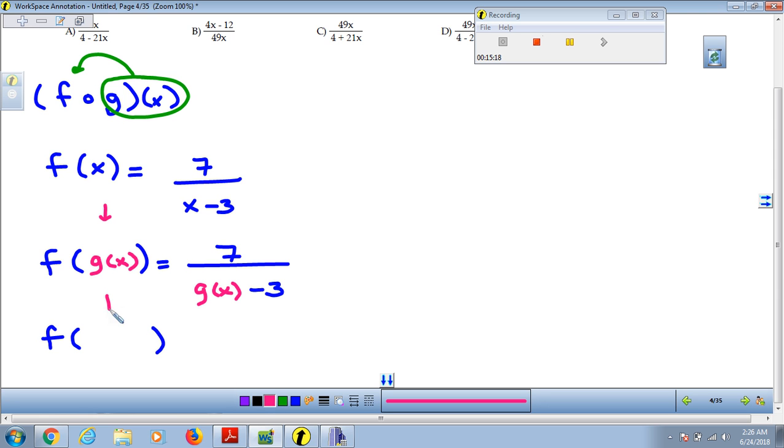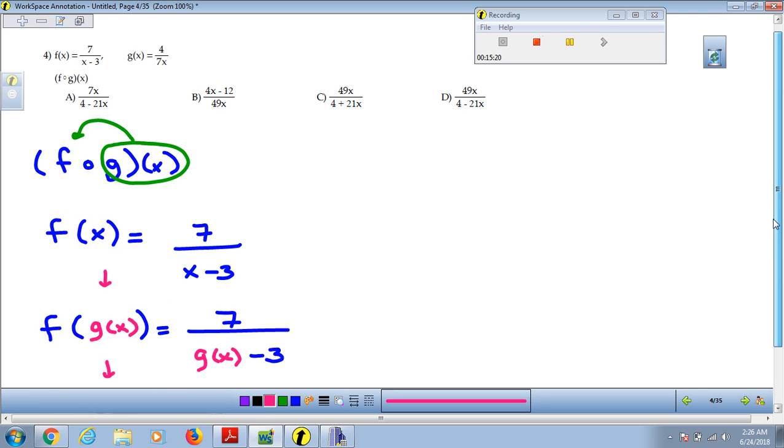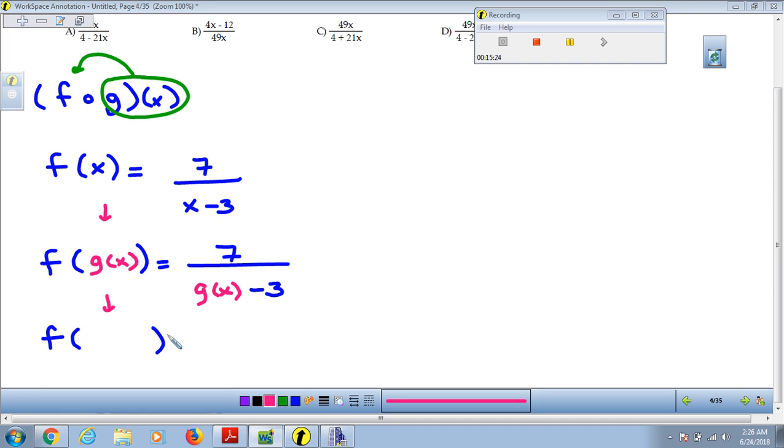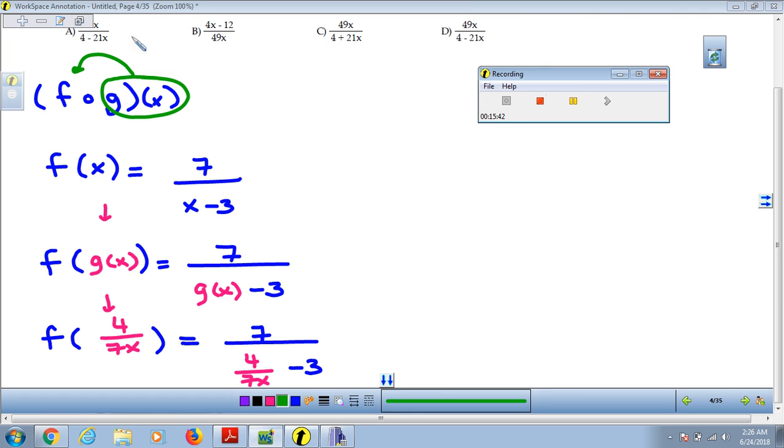So then what's the g of x function? It's this fraction 4 over 7x. So then we have to simplify this, because if you look at these answer choices, none of them look like this.